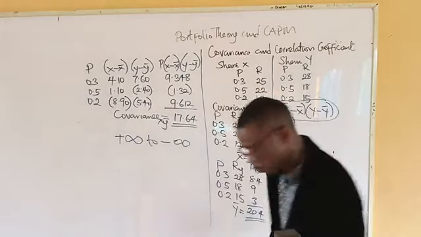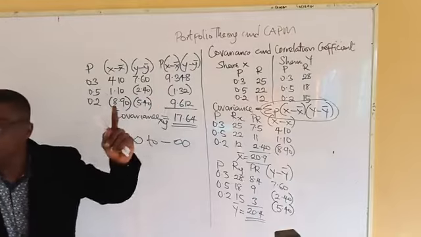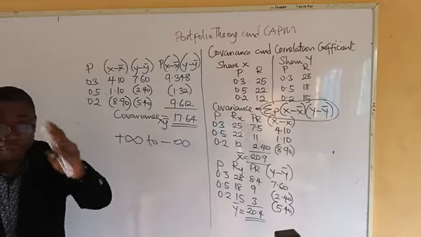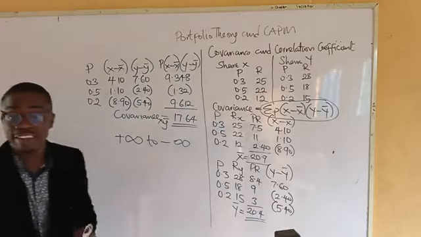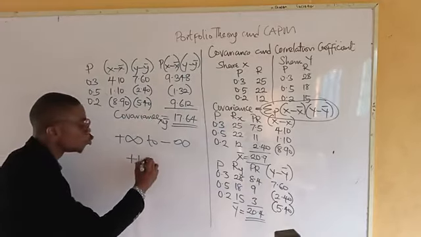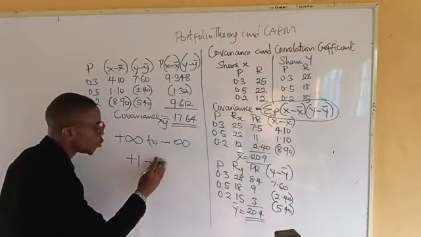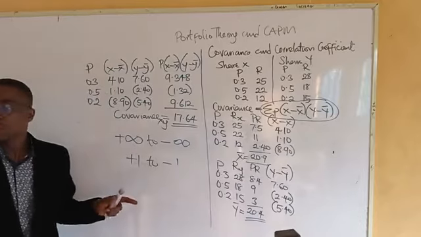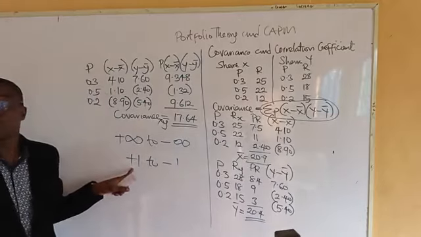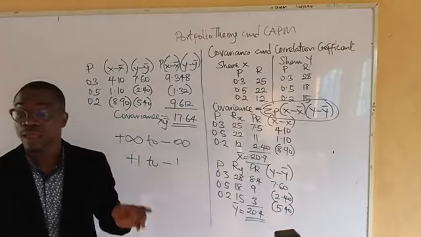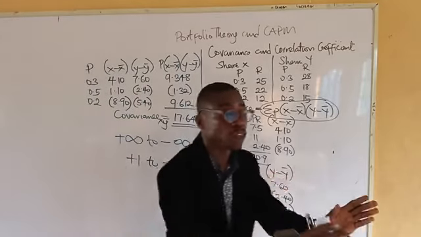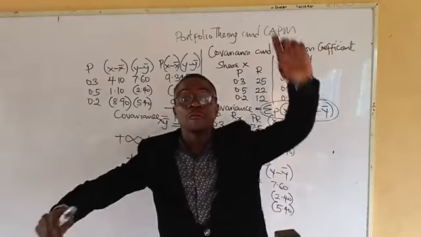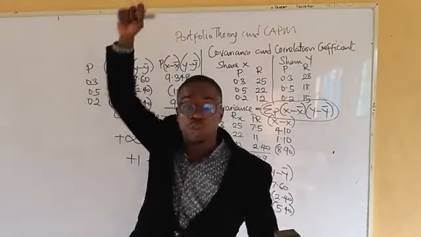For the correlation coefficient, the value ranges from plus 1 to minus 1. If you get plus 1, it means it is perfectly positive, meaning they are moving in the same direction: if the value of one drops, the other will drop.